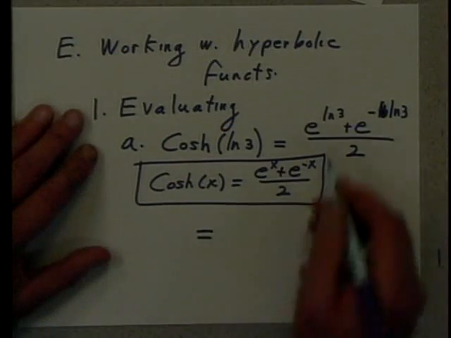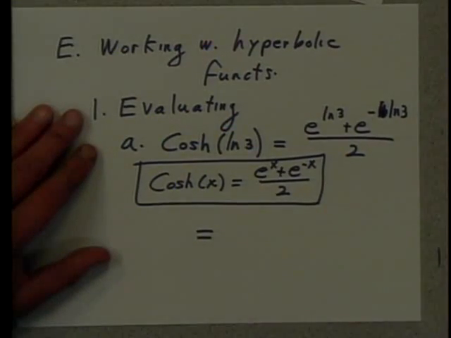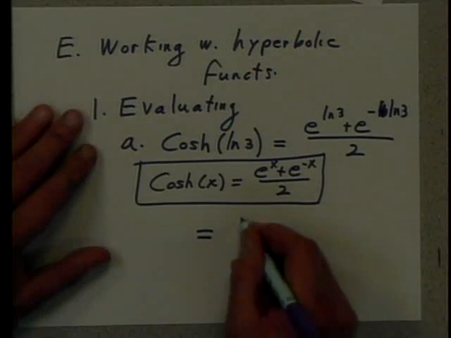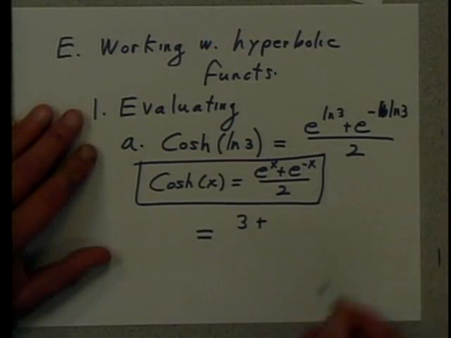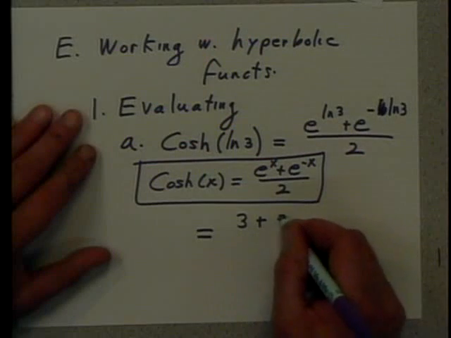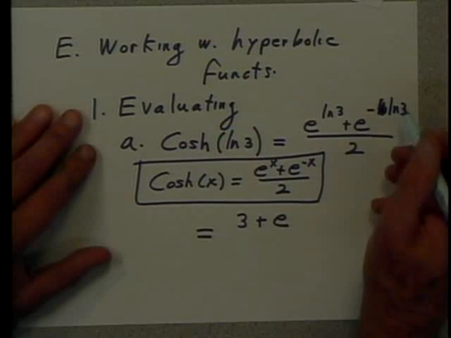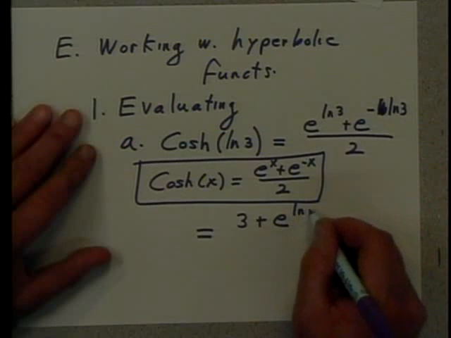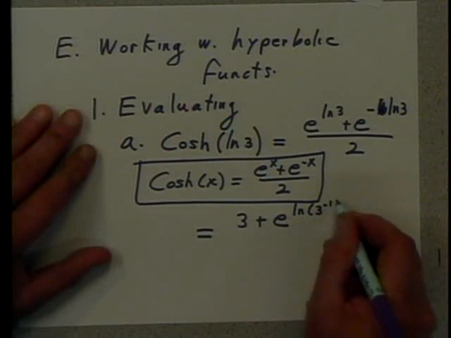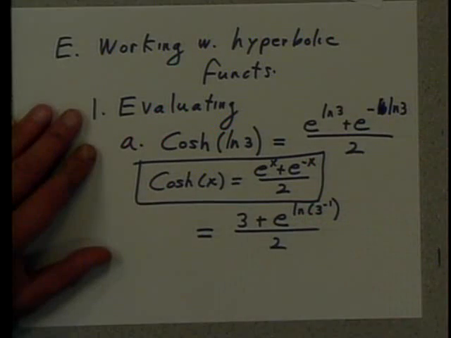Right, but I want to see what that really turns out to be. So going down here, do you remember what e to the natural log of 3 is? That's one of the properties of logs. 3. Now this next one I want to be a little bit careful before I just say what it is. This is like minus 1 times that, so that'd be e to the natural log of 3 to the negative 1 power, being careful.